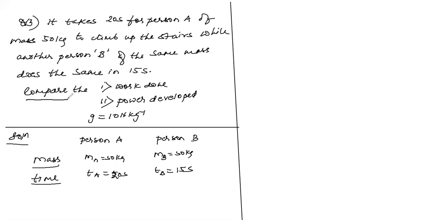Compare means ratio. Always ratio. Compare means ratio. They want the ratio of the work done. That means they want work done by A upon work done by B. Work done by A will be mass of A into g into h upon mass of B into g into h.